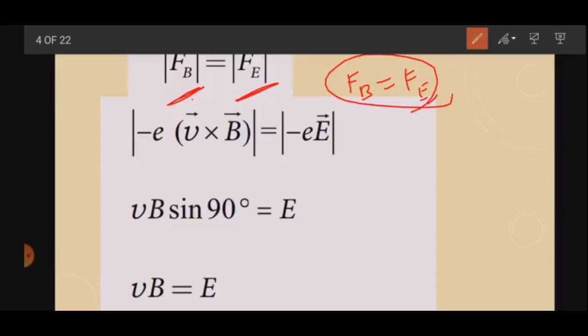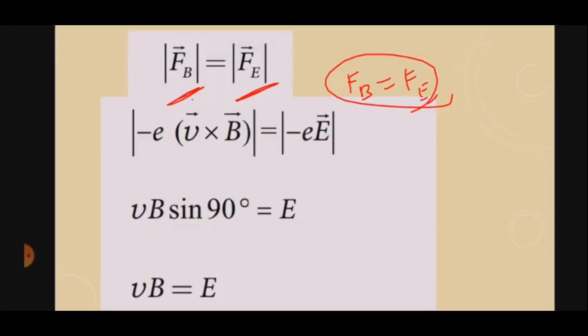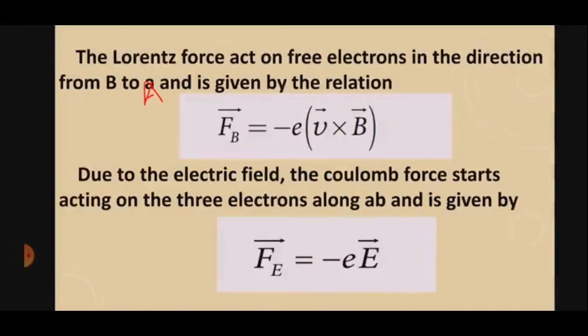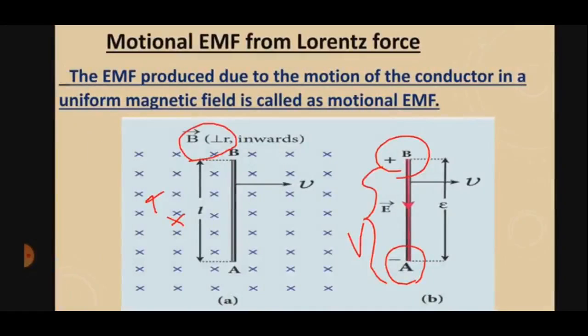No more electrons move toward end A to make it more negative. Under this condition, a steady potential difference is established.